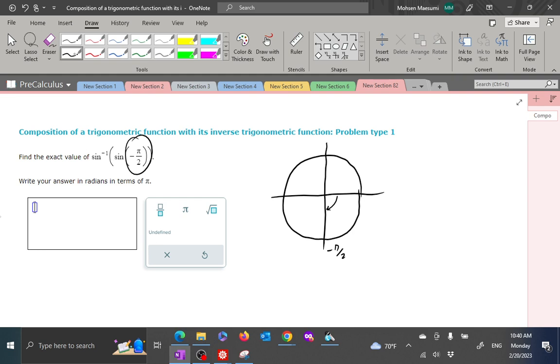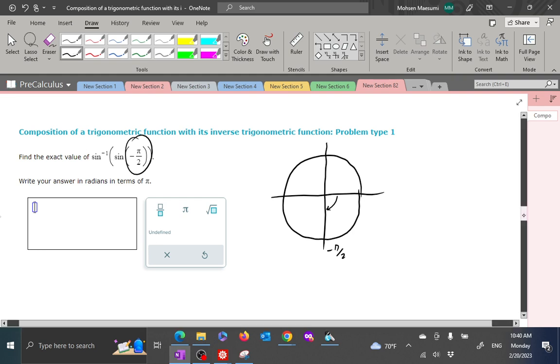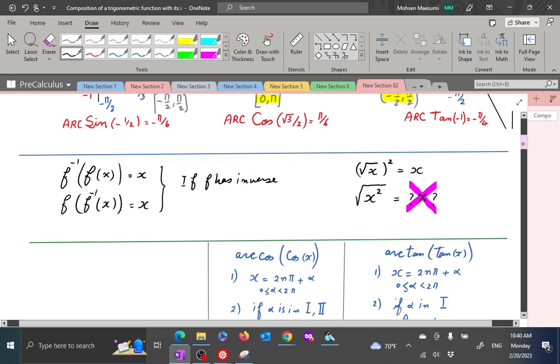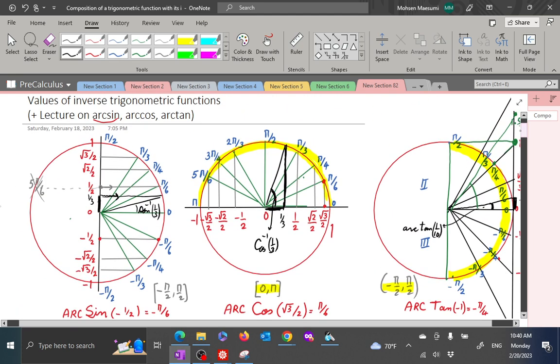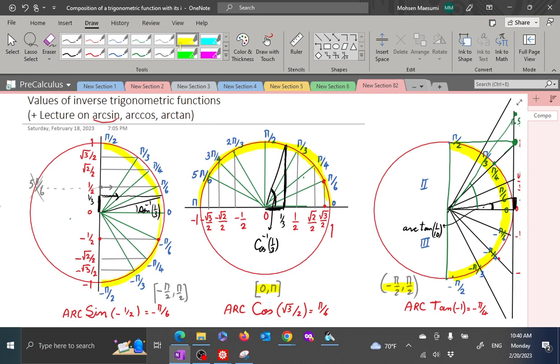Well, with the sine, the restriction is the same as the tangent. Let's go back here. With the sine, the range of angles that are accepted is from minus pi over 2 to pi over 2, inclusive of the endpoints.